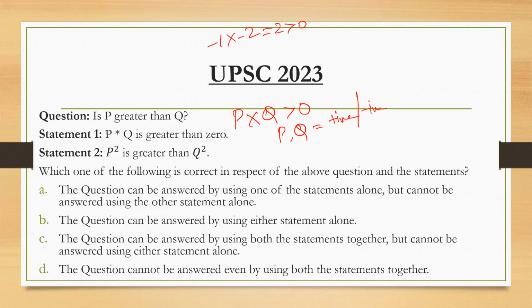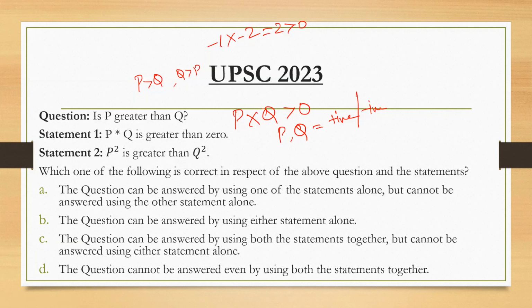This is the scenario that we have. But now the problem with this aspect is what? Can you definitely say that P will be greater than Q or Q will be greater than P, just based on this? You cannot, right? The reason is that we are talking only about their multiplication.